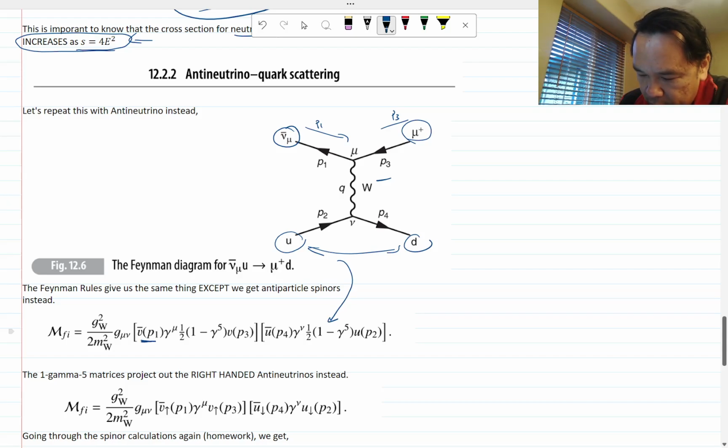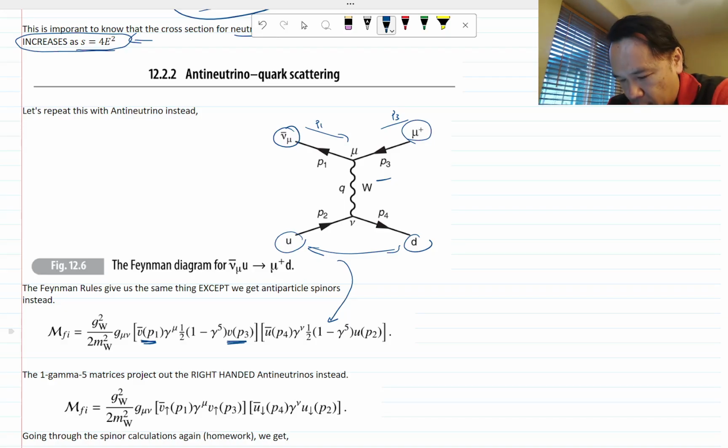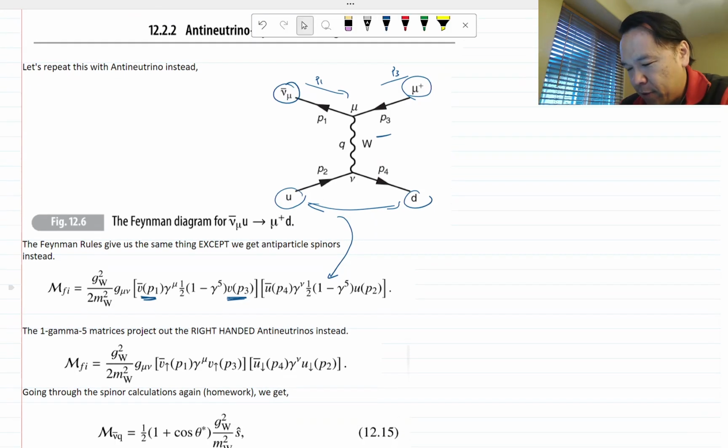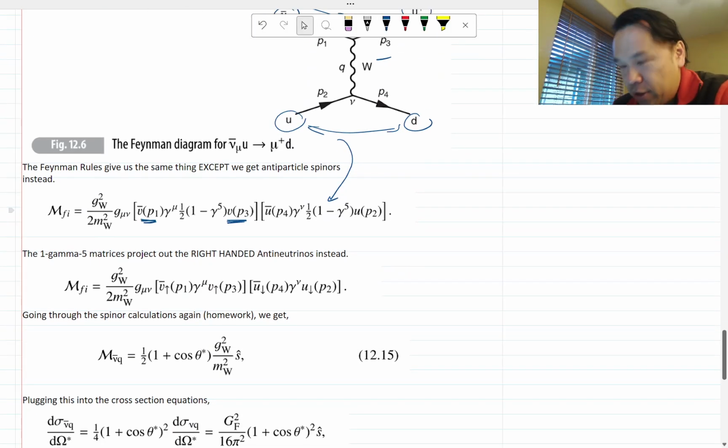The only difference is that you have these anti-lepton spinors instead. But the weak force cares whether it's a particle versus an antiparticle. That's the problem. Well, not the problem. This is going to give us a more interesting result.